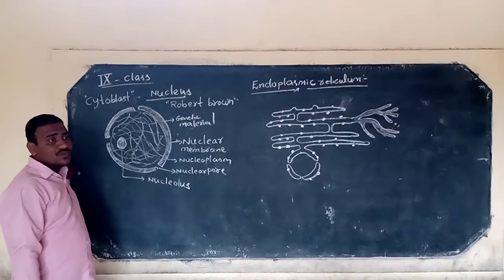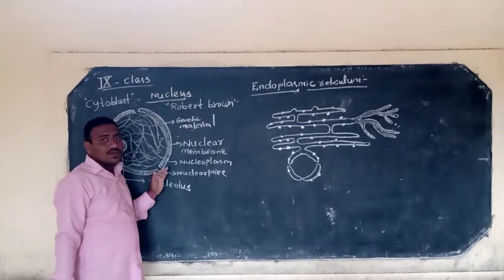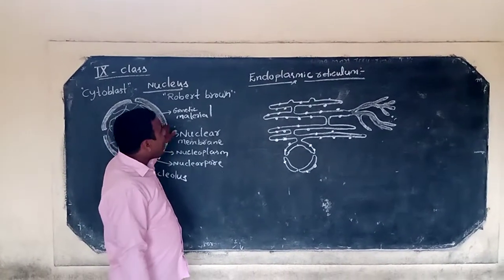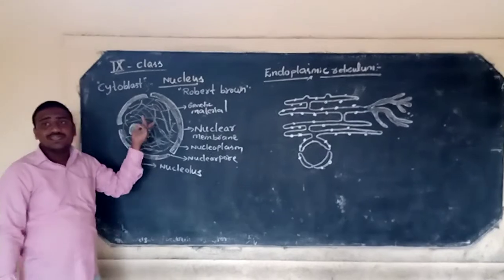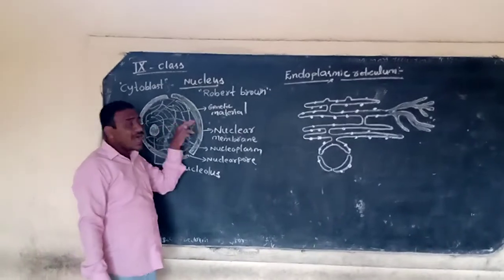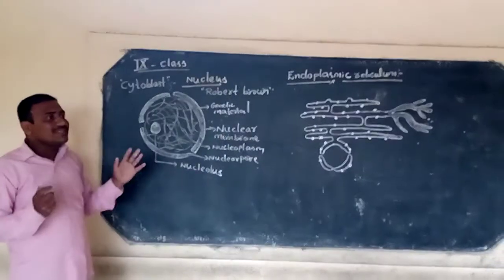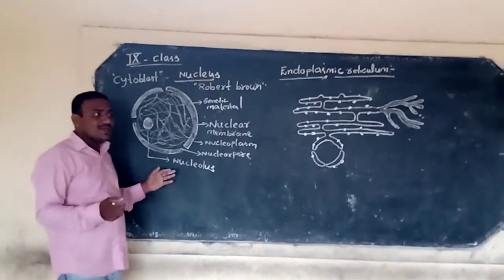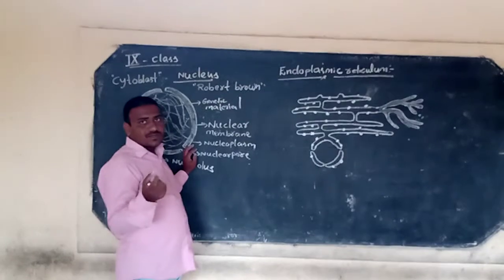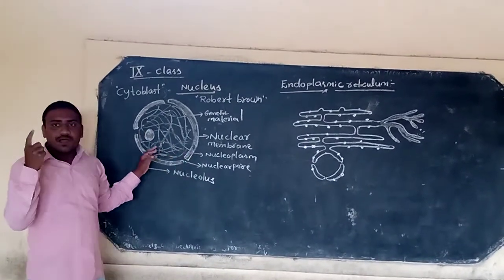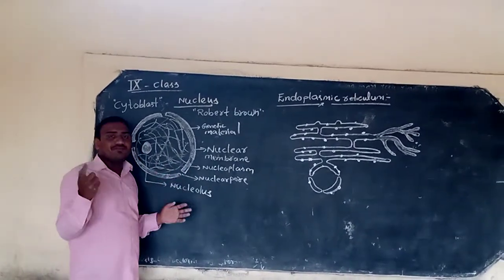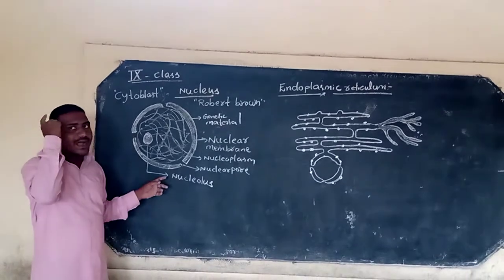Next, you know that all the functions of the cell are carried out by the nucleus only. So imagine or compare that our body functions are controlled by our brain only.